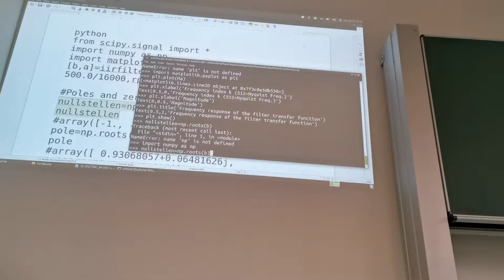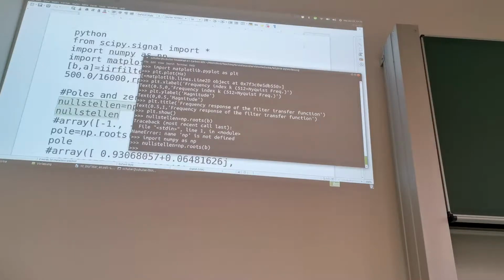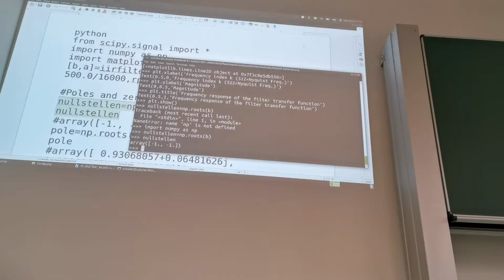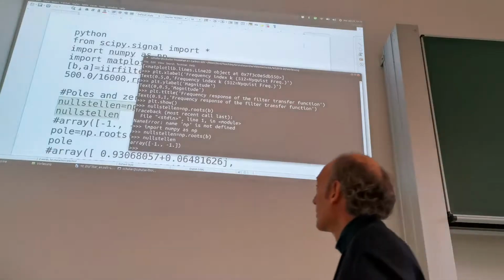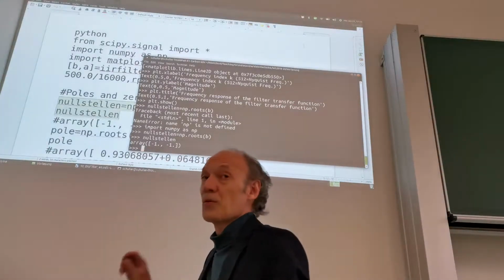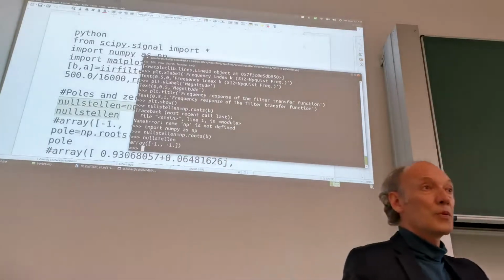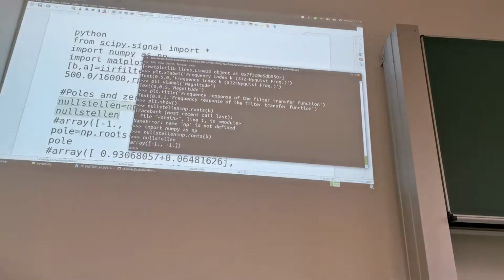So again, yes. So let's see, Nullstellen. Yeah, so in our case, we have two identical zeros, both located at -1. Right? -1 is what angle in the z-plane?